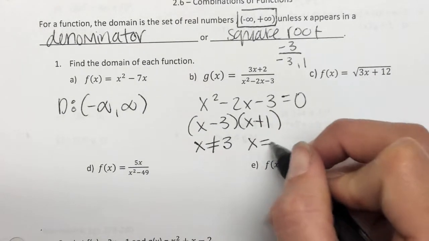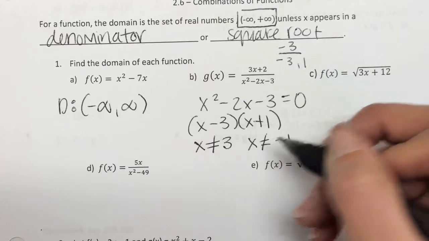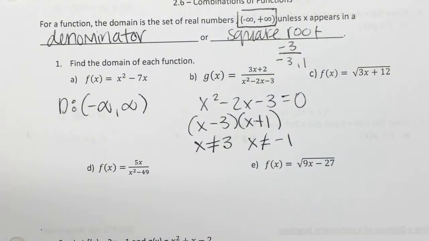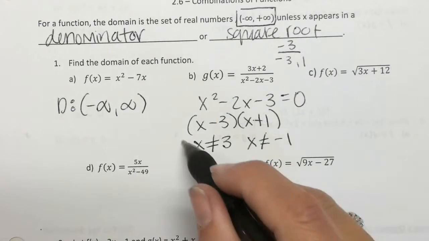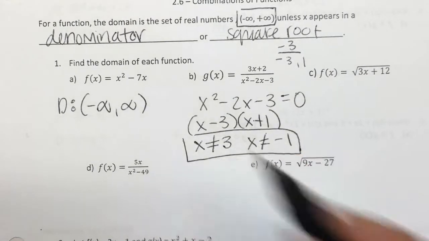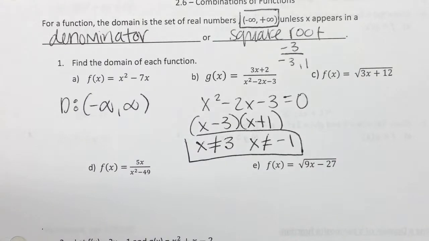Very good. That's it. So the domain is all numbers except which two? 3 and negative 1. It can be any other number. But the reason it can't be these is because when we plug it in, we'll get what on the bottom? 0.